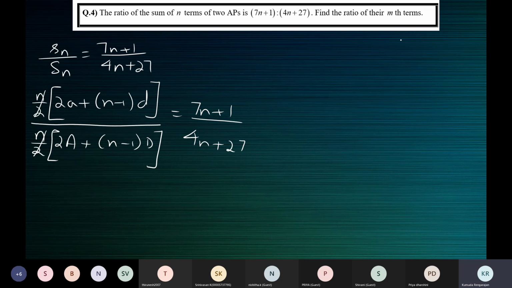But what is it we need to find? This is rough work. We need to find am by capital Am.